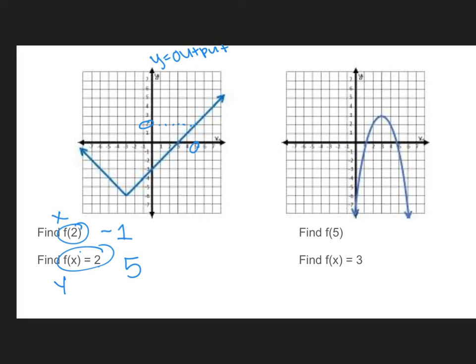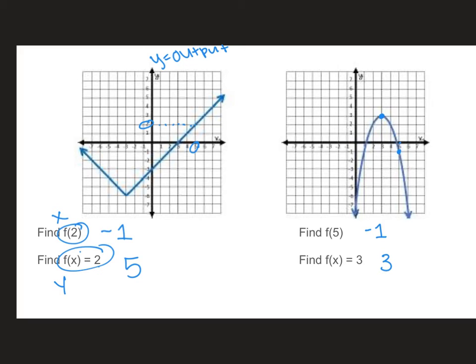On to the next graph over here. F of 5. When x is 5, it crosses right here, and that is at -1 on the y-axis. Again, that was an accident, actually. Now, f of x equals 3. That goes over, and it's actually 3 on the y-axis as well. This one is a little bit different.